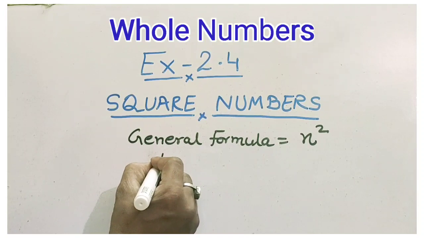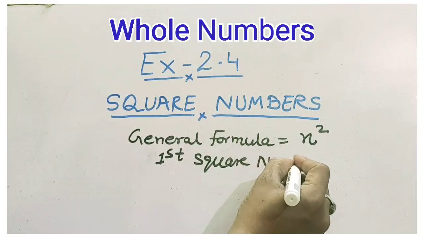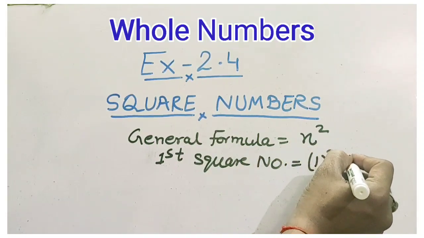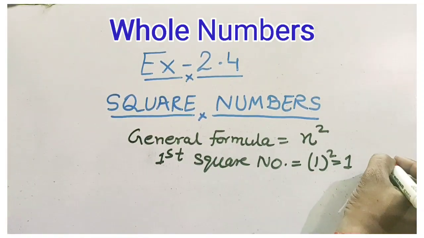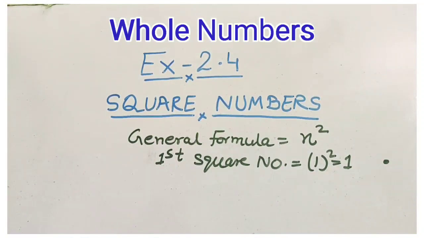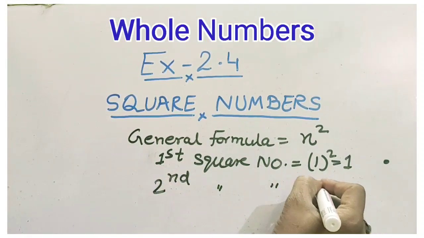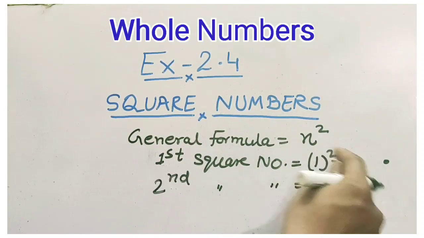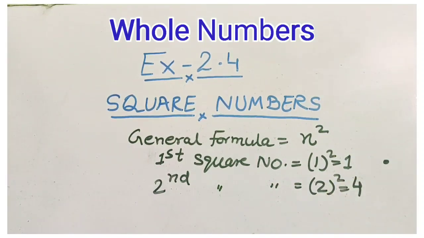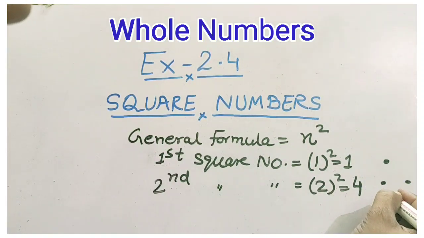Let's find the first square number. The first square number will be 1 square, that is 1. Clear? If we want the pictorial representation of a square number, just apply a dot. Second square number: 2 square. n square means 2 square, we have 4, 2 multiplied by 2. The pictorial representation will be 2, 2.